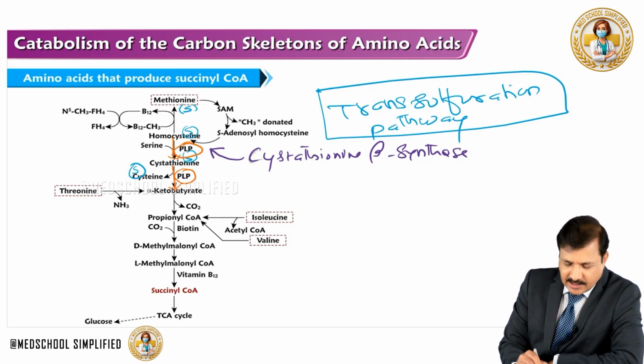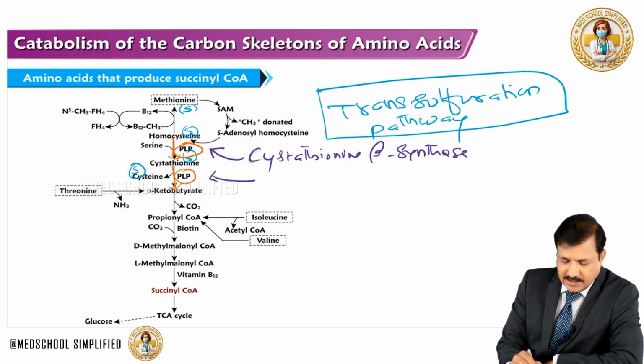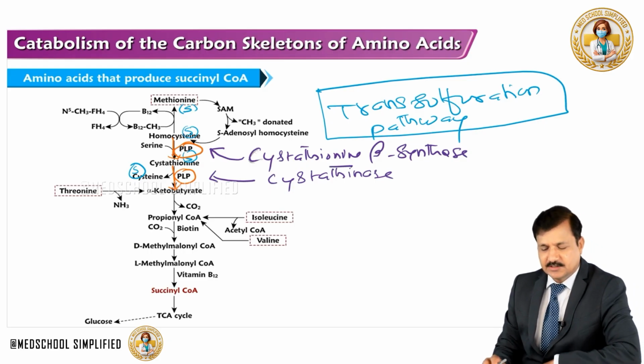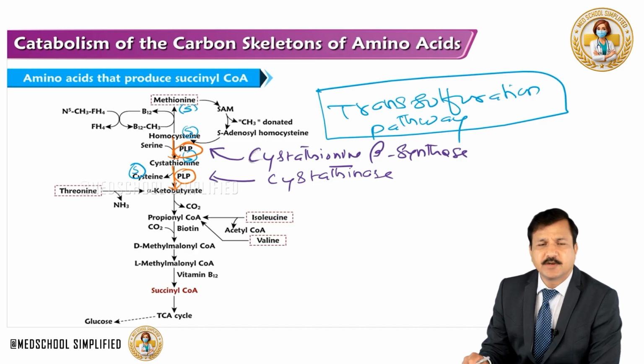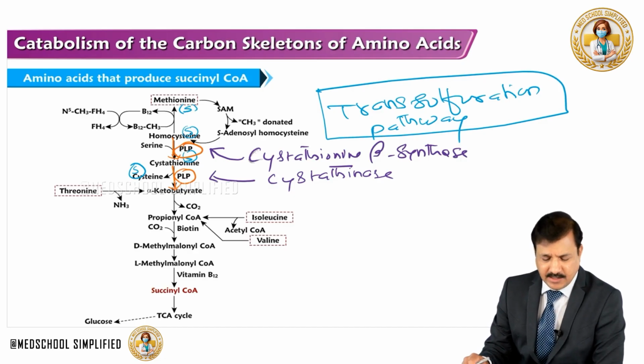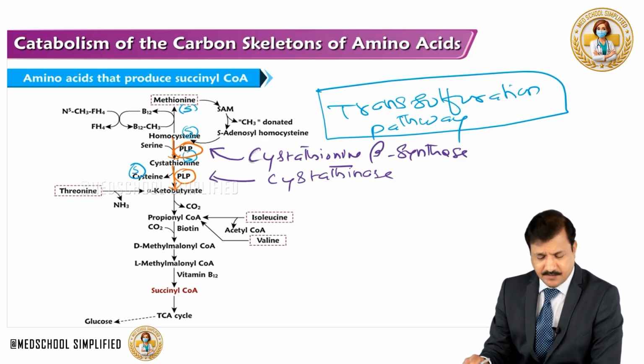And the second enzyme in this pathway, converting cystathionine into alpha-ketobutyrate and cysteine, is cystathionase. So cystathionine beta synthase and cystathionase, both participate in the trans-sulfuration pathway, and both need pyridoxal phosphate as the coenzyme.